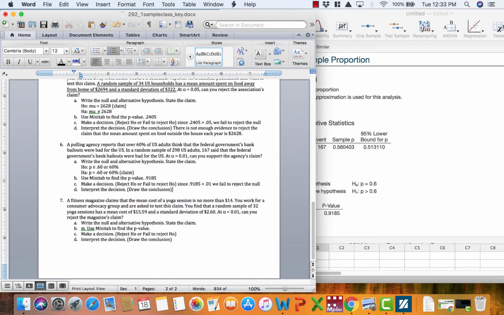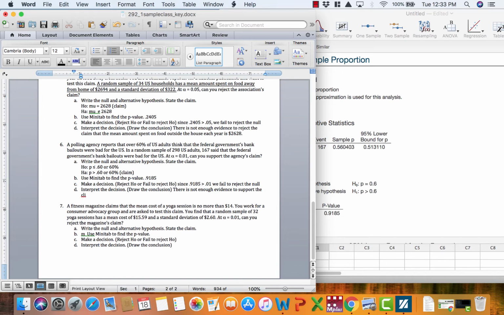All right, so what does it mean to fail to reject the null? There is not enough evidence to support the claim that over 60% of U.S. adults think the bank bailouts were bad.